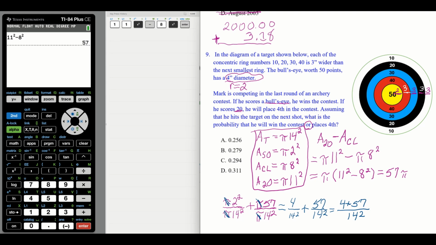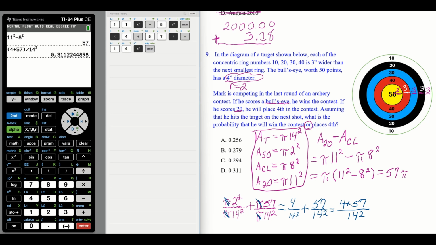You could have just popped that all in your calculator, bam, and be done. But that's okay. So I'm just going to do parentheses and divide it out real quick. So 4 plus the 57, push divide, and then 14 squared, enter. Oh, it's D. There we go. And we're done. Okay.